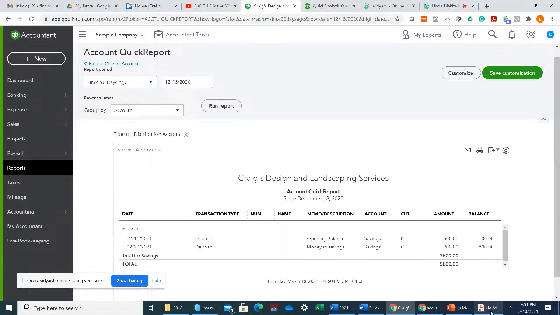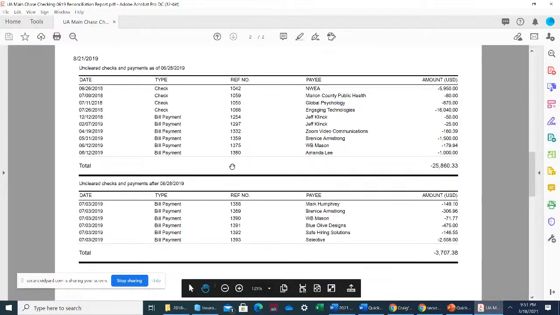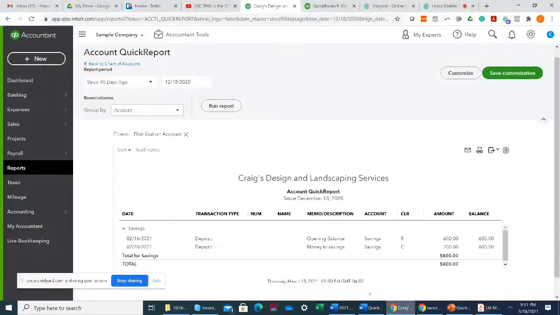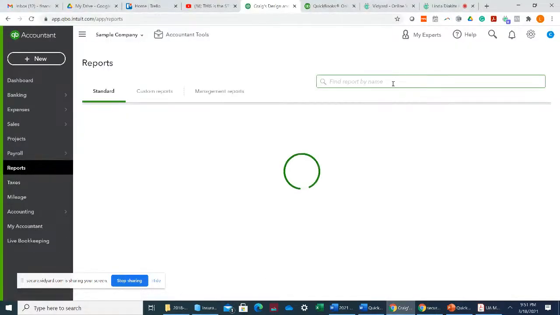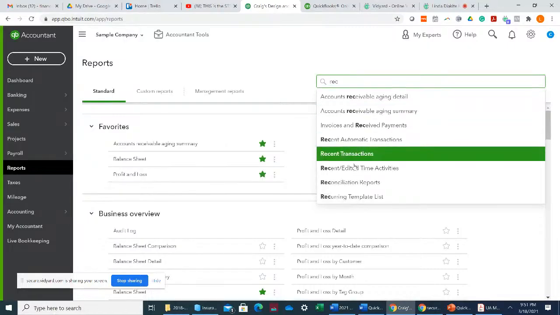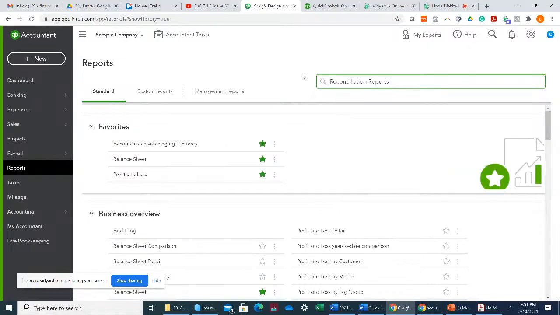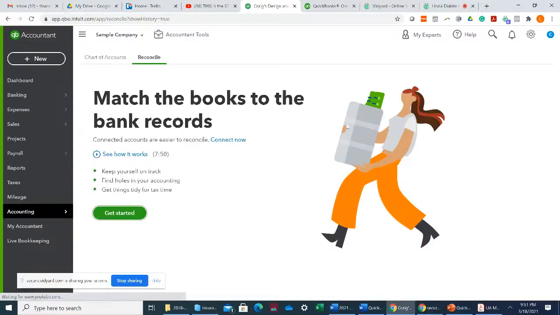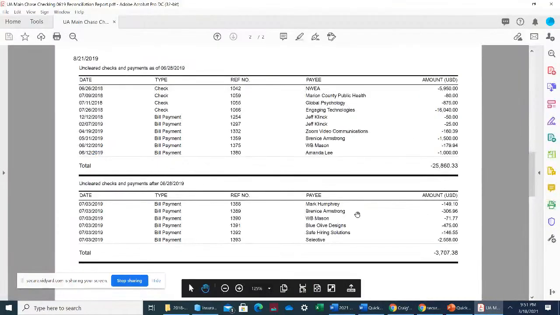Also, what I wanted to show you is a reconciliation report. You can go to reports and just type in reconciliation here. This is a sample company, so it will not have a reconciliation report. Every time you reconcile your bank or credit card, it will create a reconciliation report.